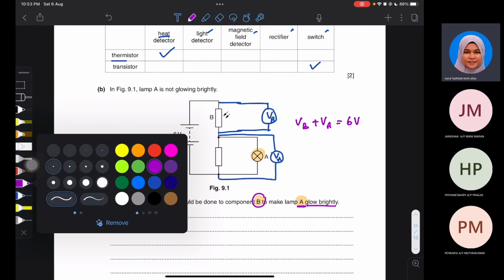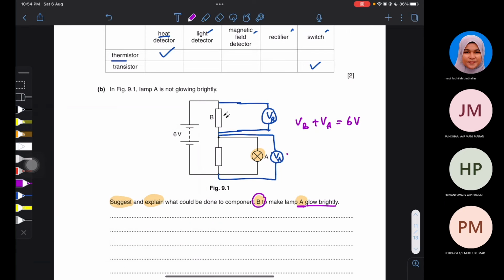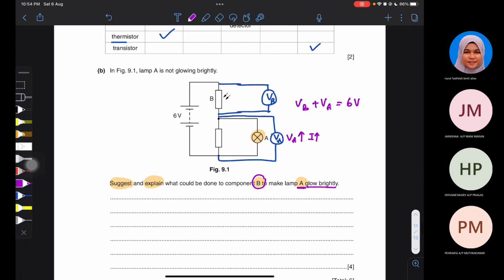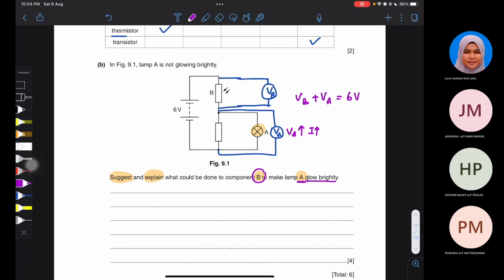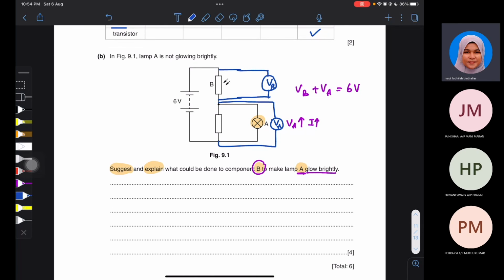So voltage here, VA kita nak increasekan supaya current increases here. Jadi, what can you do at B? So at B, kita increase.